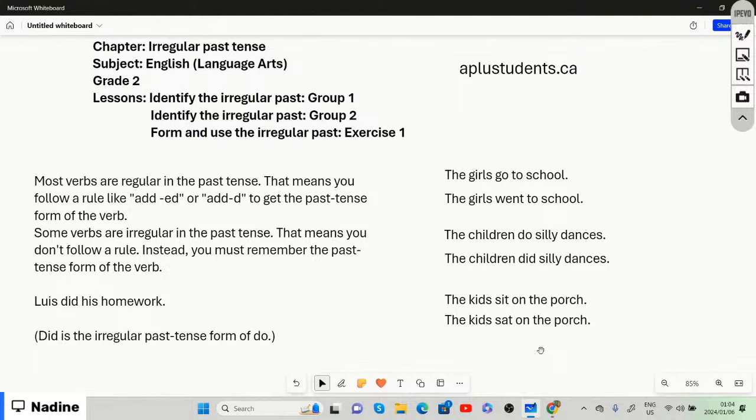And then we're also going to form and use the irregular past. So we're first going to identify the irregular past tense, and then we're going to show how to form and use the irregular past tense.